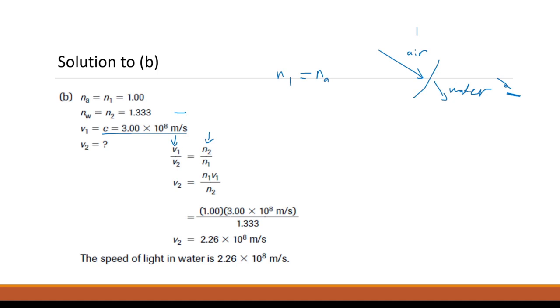So we take the proper ratios, our speed ratio and indexes, solve for V2 because we want the water, plug in our values, just making sure the units are matched. And we come up with 2.26 times 10 to the 8 meters per second for V2, the speed in water in our case here.